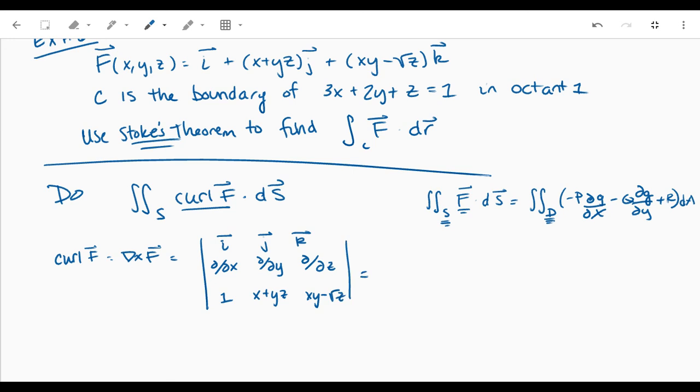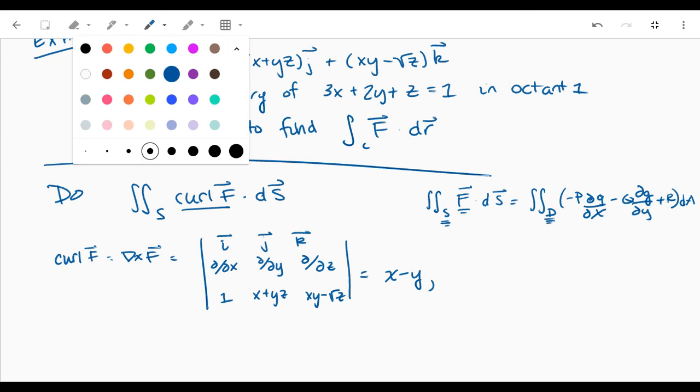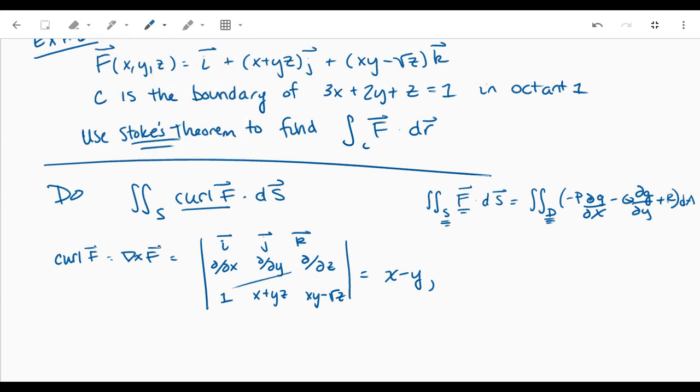So we find our cross product here. When we do the i's, partial of xy minus square root of z with respect to y would be x minus y. Okay, and then we do our j's. Let me erase that. And we can do it in the opposite order. So we'll have 0 minus y. And then we do our k's, we'll have 1 minus 0.